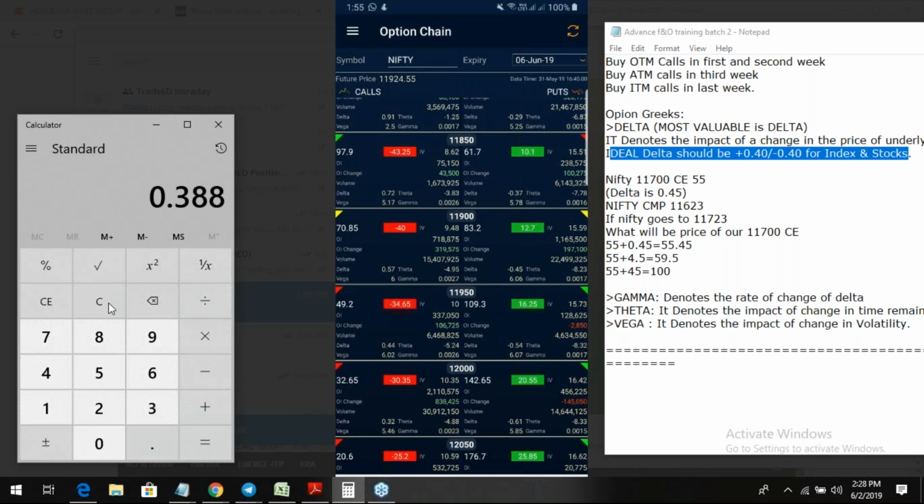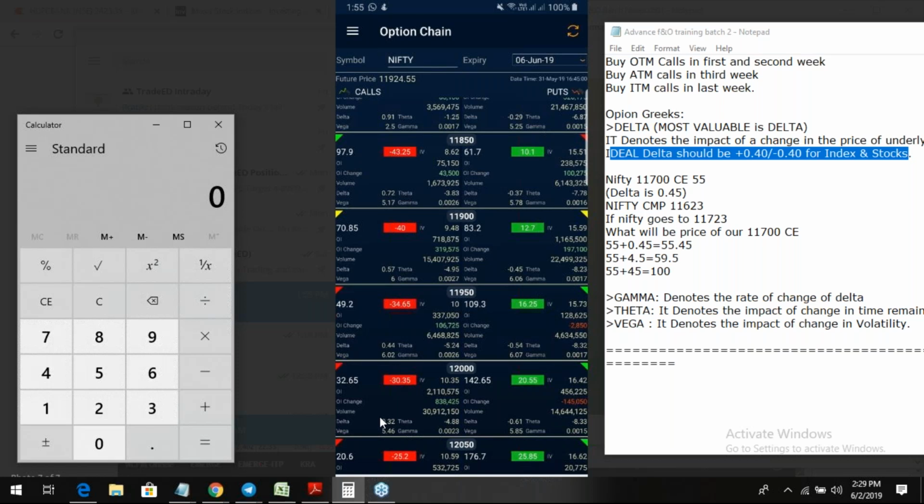So 0.44 minus 0.052. What will be your delta? Your delta goes to 0.38. Understood? If the market goes up, your delta will go up. If the market goes down, your delta will go down.